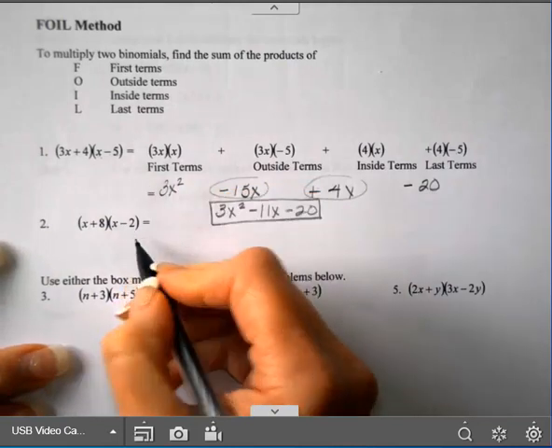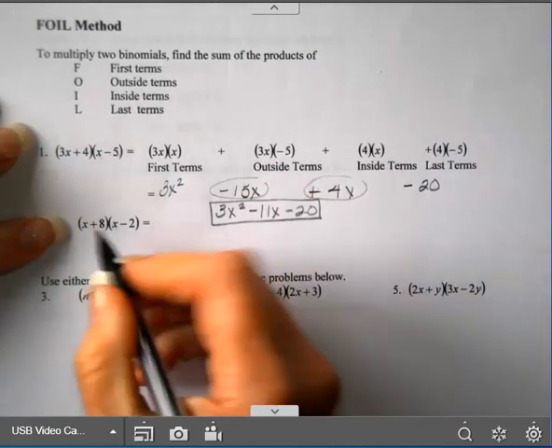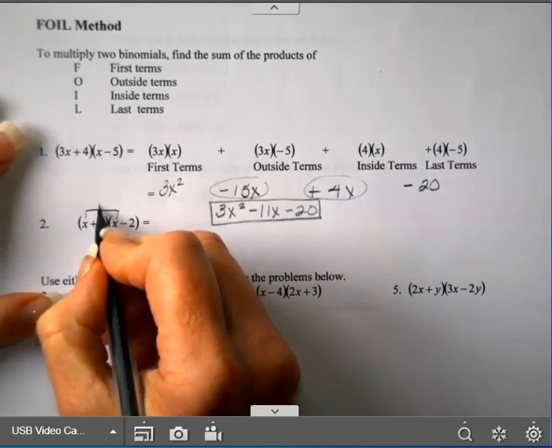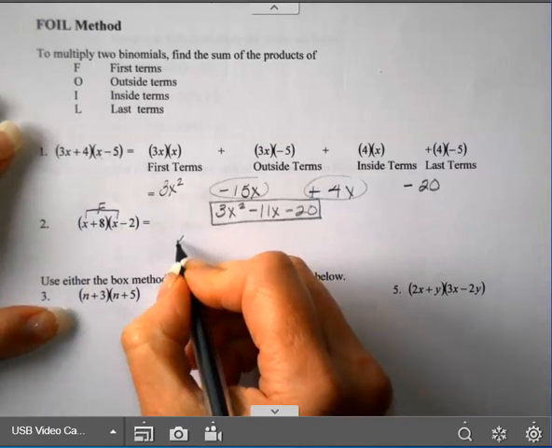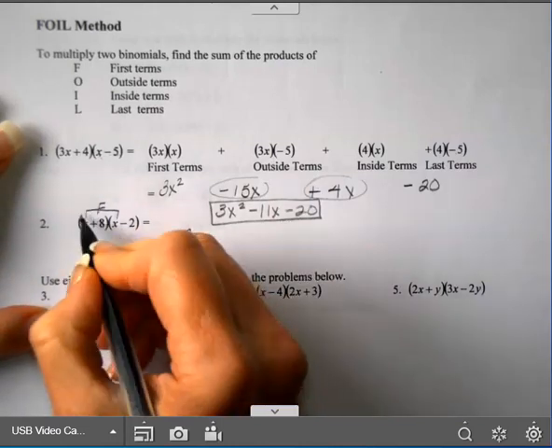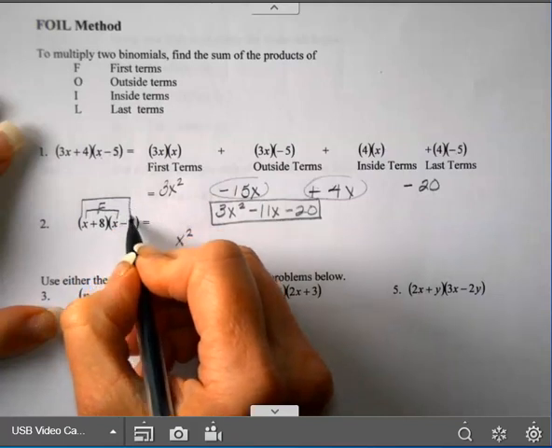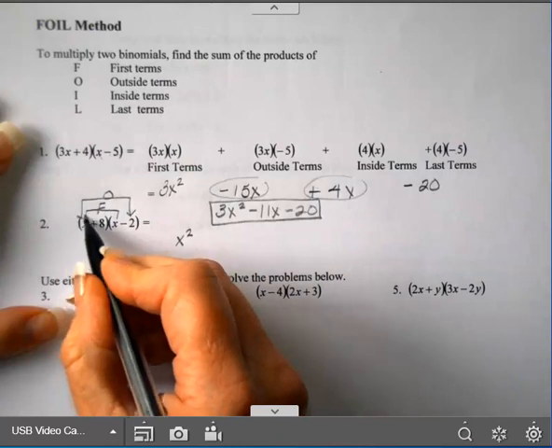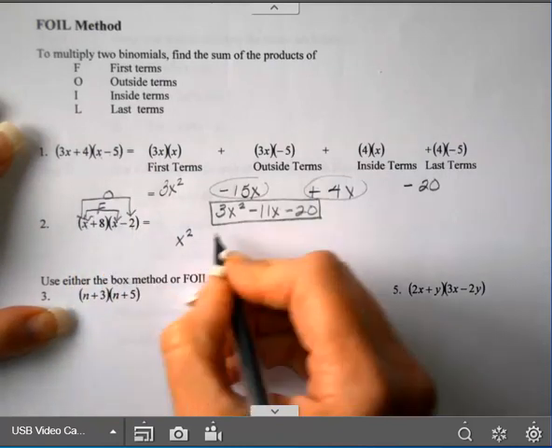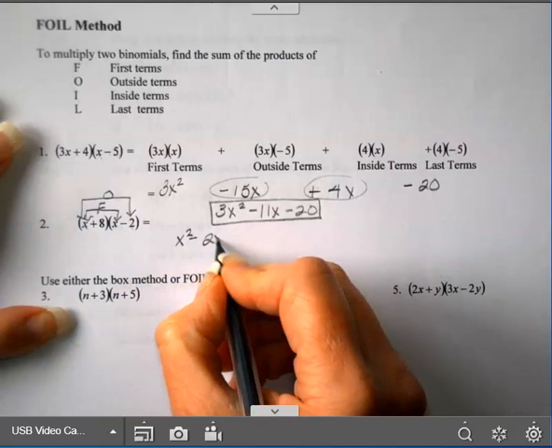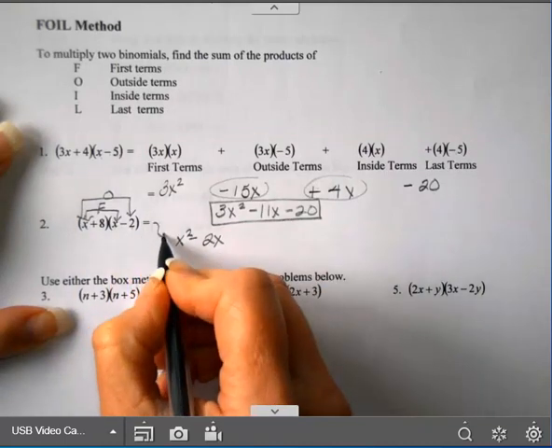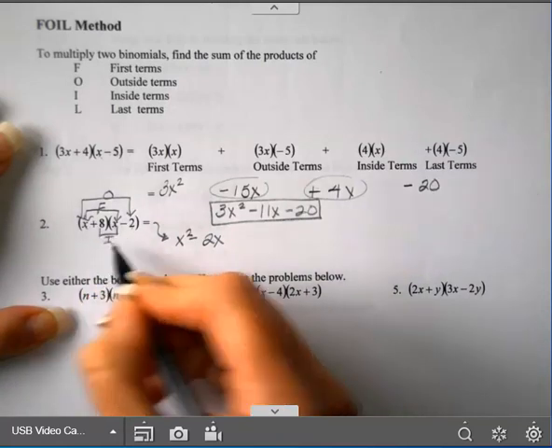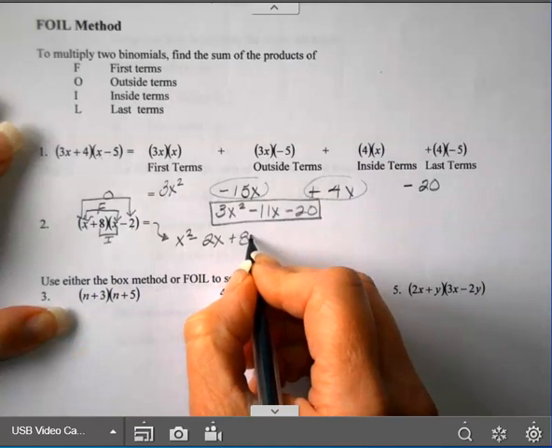For example 2, for FOIL, your first terms are x and x. So these are my firsts, and that'll give me x squared. My outside terms are the x and the minus 2, so that gives me minus 2x. My inside terms are the ones that are closest to each other, so that's plus 8x.